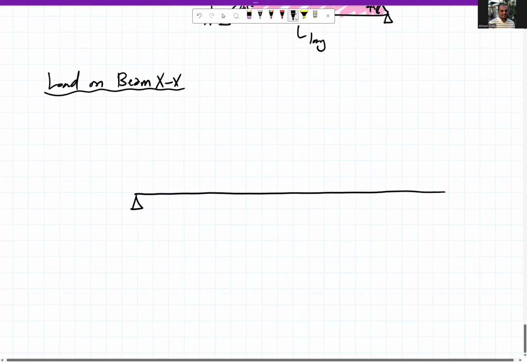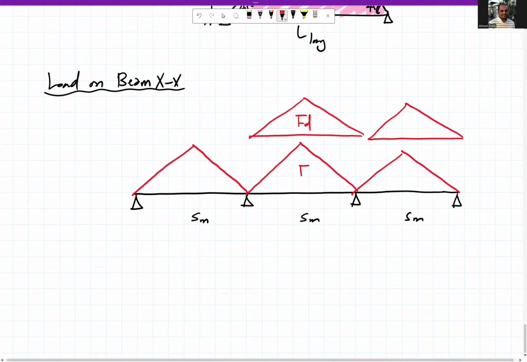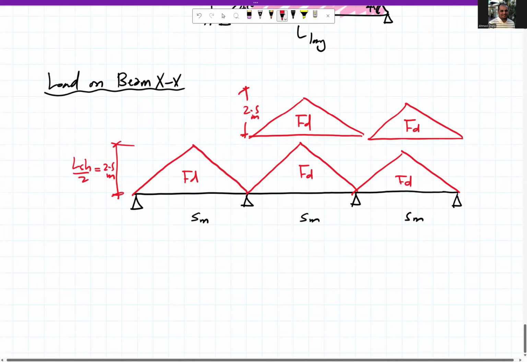We will have three bays, each bay 5 meter, 5 meter, 5 meter. Then this bay carries a triangle. This bay carries two triangles. This bay carries two triangles. The load in all of them is FD. The height of all of them is L short over 2, equal to 2.5 meter. So all of them are 2.5 meter high, and the load is FD.